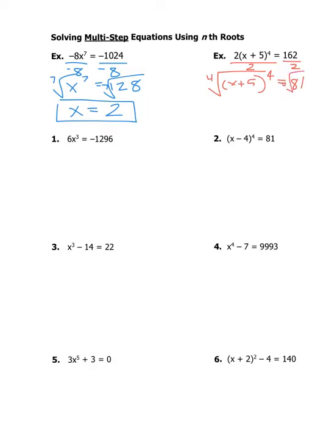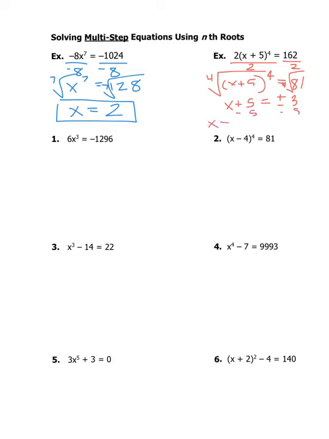And now remember, we're taking the root of an even number. So when I get rid of the stuff over here on the left side, I'm left with x plus 5 equals, but because I took that 4th root, I need to take into account that this could be a positive or a -3. And then lastly, to get x by itself, I'll subtract 5.